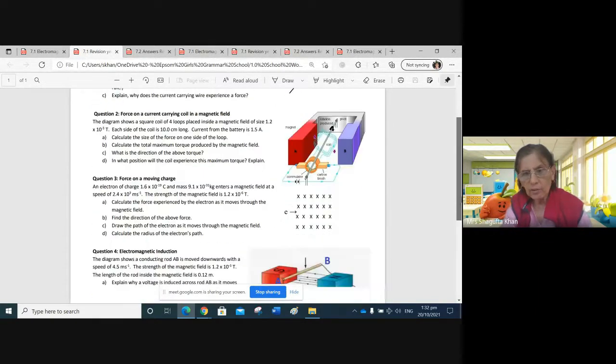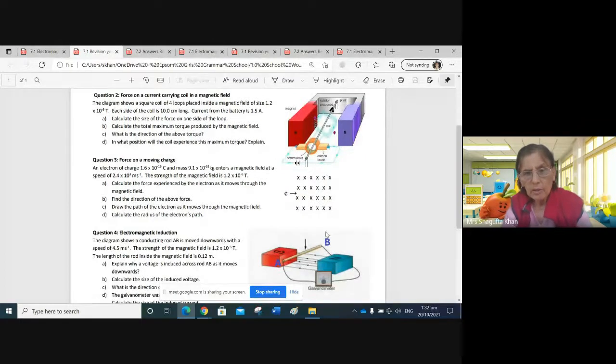The third thing that we look at in this topic is, if there is an electron which is moving with a certain velocity and it is entering the magnetic field. In a current, there are positive charges in conventional current that move. So the wire experiences a force because there are charges moving in this one.